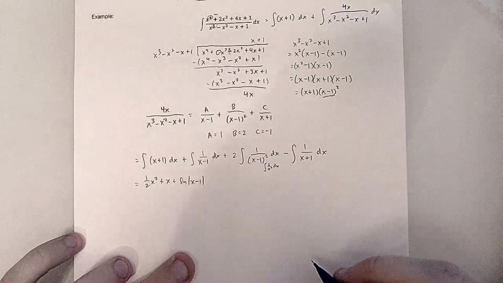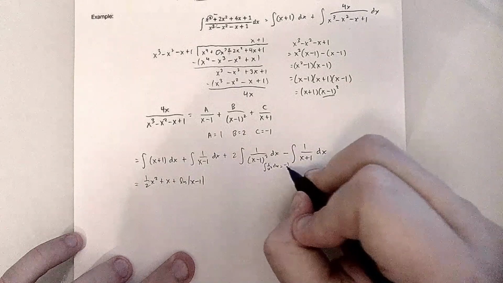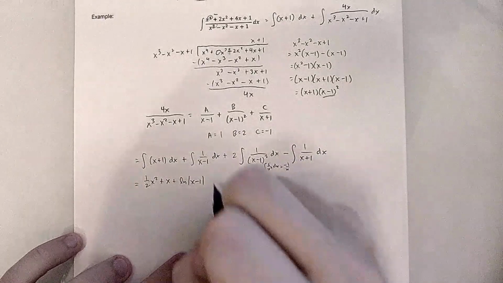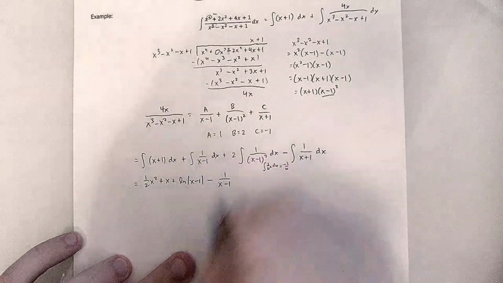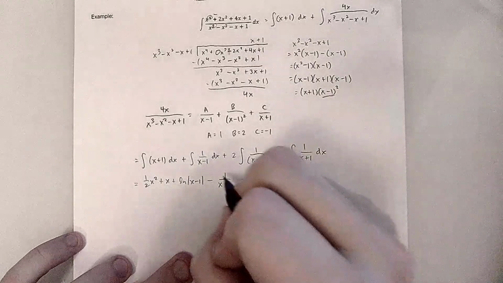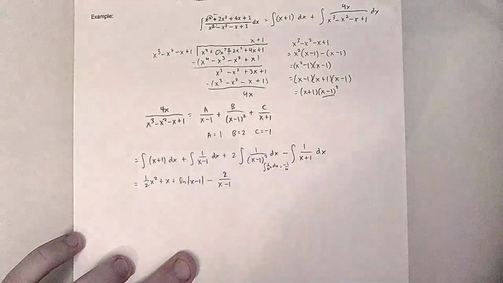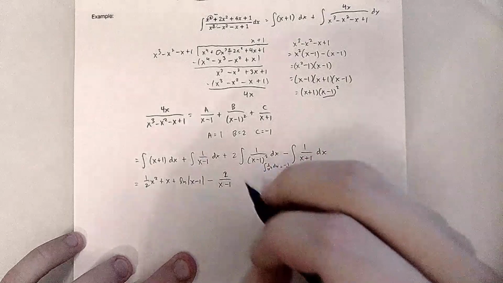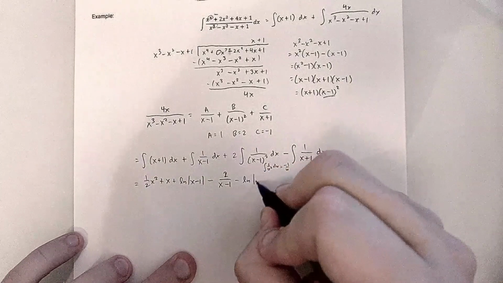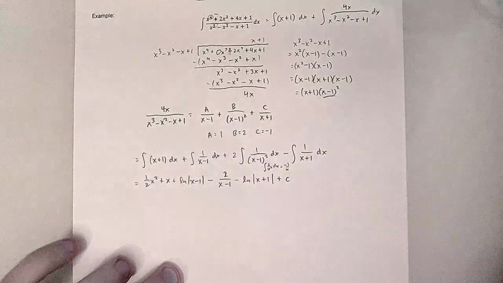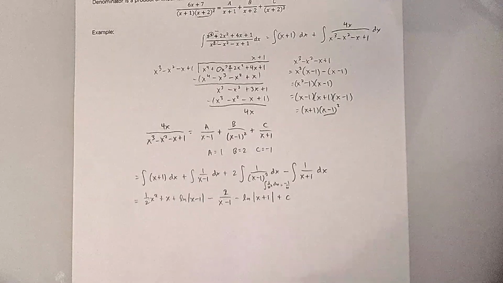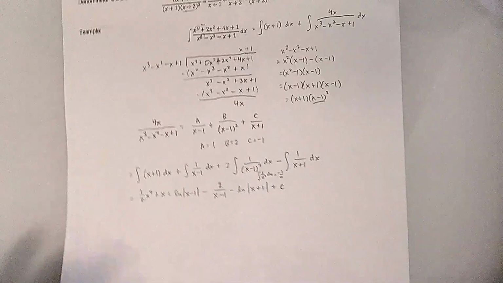That makes it pretty easy to see that this is going to be negative 1 over u, or negative 1 over x minus 1. And actually it should be 2 times that, because we got that 2 out in front. And then our last one is, again, pretty simple: natural log of x plus 1. And don't forget your constant. So now, that is the second case.